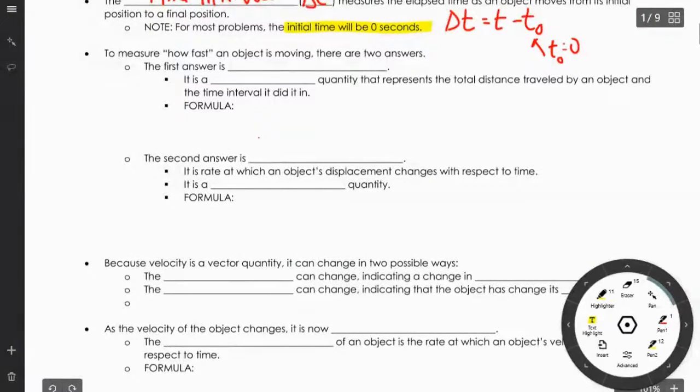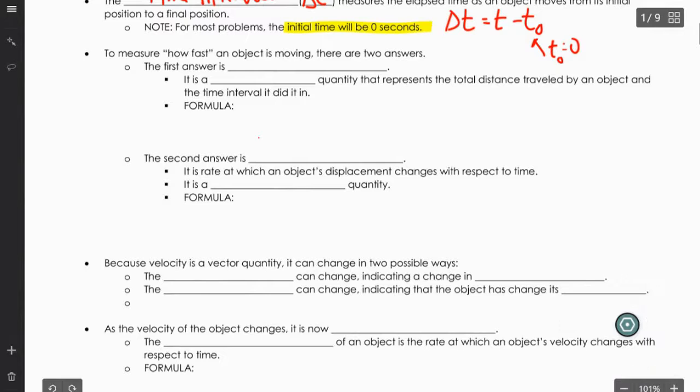Now, how do we measure how fast? There are really two answers to this. The first one is an object's speed, and more specifically, its average speed, and we'll distinguish the difference between average and instantaneous in a minute. It is a scalar quantity, so we don't care about the direction.